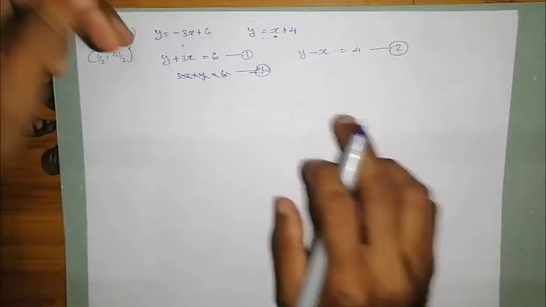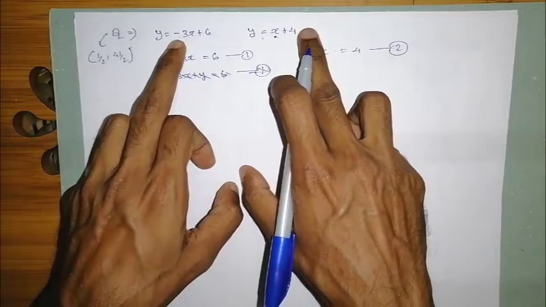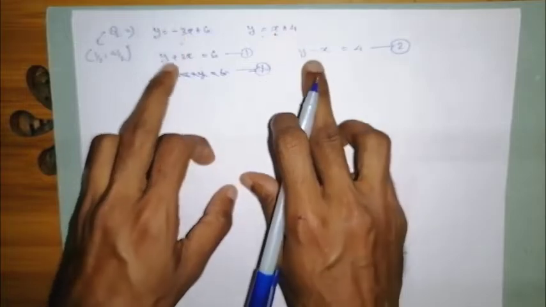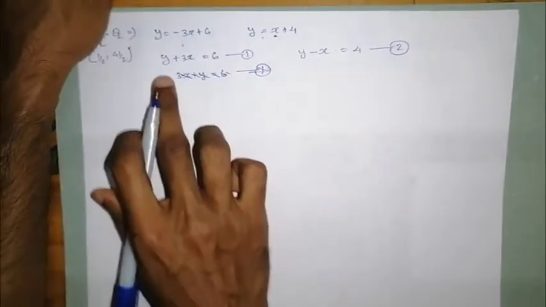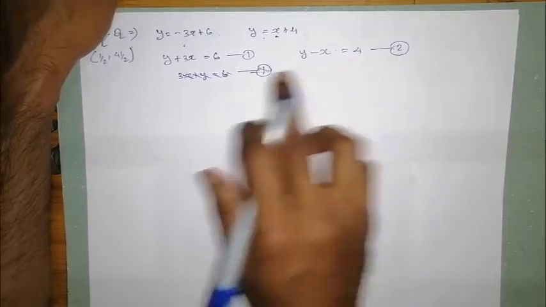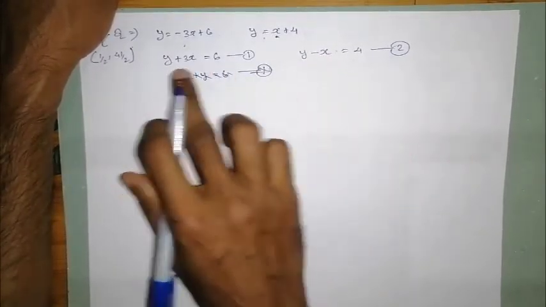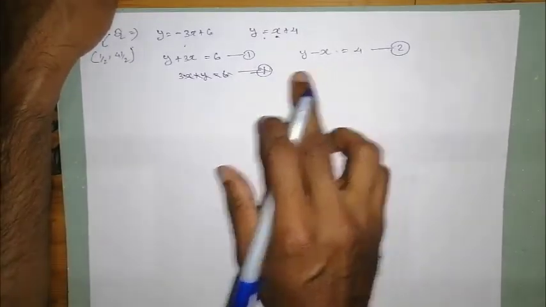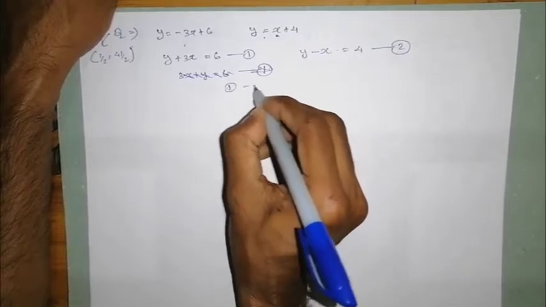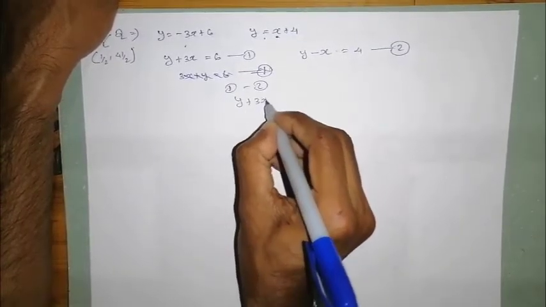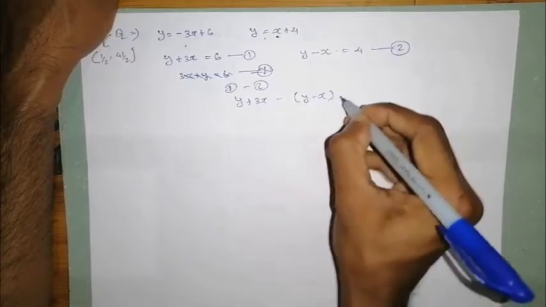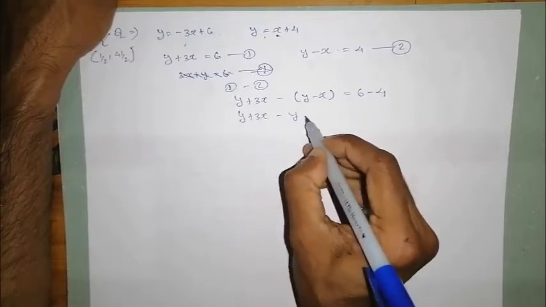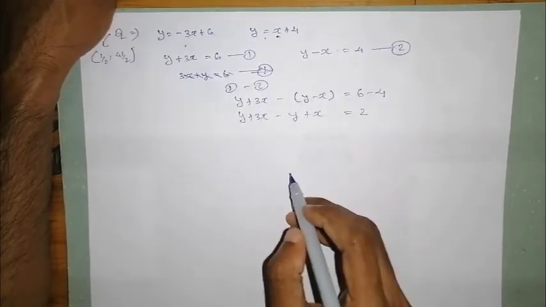We can imagine simultaneous equations as linear graphs, and vice versa. So we have two simultaneous equations and we are going to solve them. The coefficients of y are equal, so we can eliminate y by subtracting: (y + 3x) - (y - x) = 6 - 4.